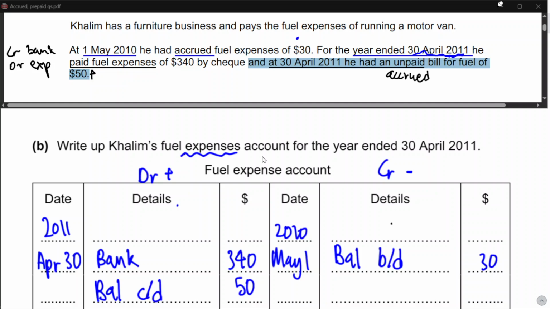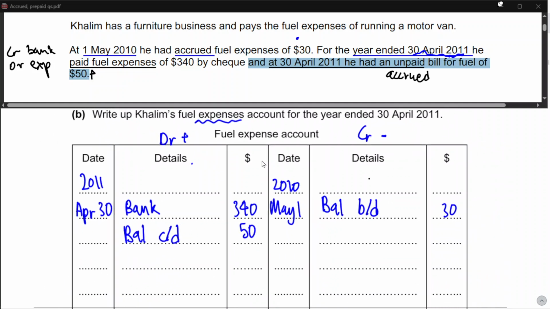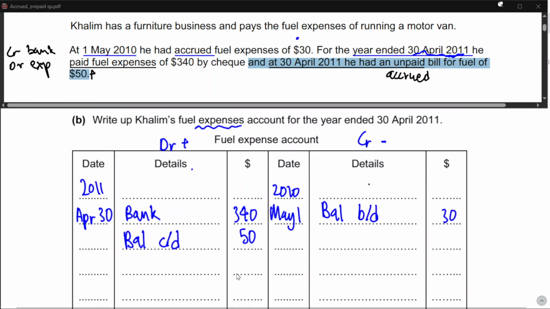Then we are done already. We can total the account. Since we have balance CD here, we put income statement.